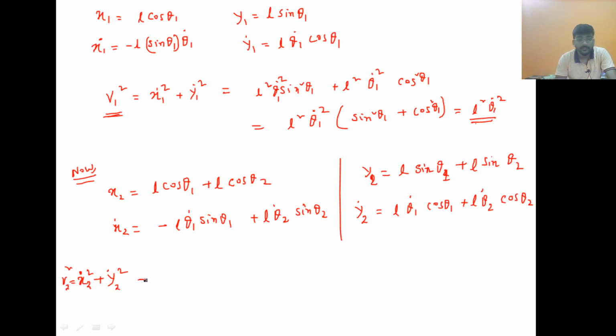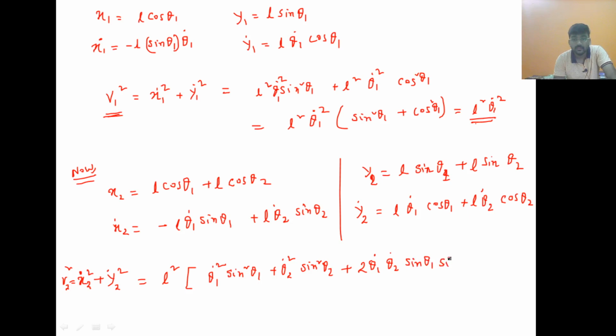Okay, so it will be square of this thing. So L square will be common and it will be theta 1 dot square sin square theta 1 plus theta 2 dot square sin square theta 2, plus 2 theta 1 dot theta 2 dot into sin theta 1 into sin theta 2.